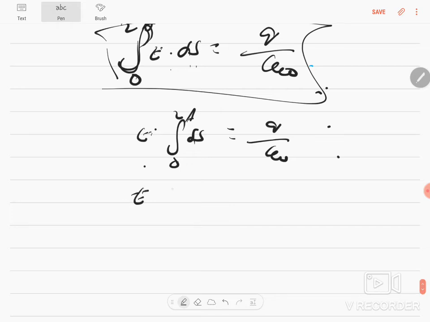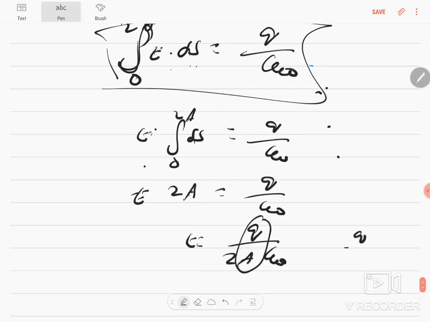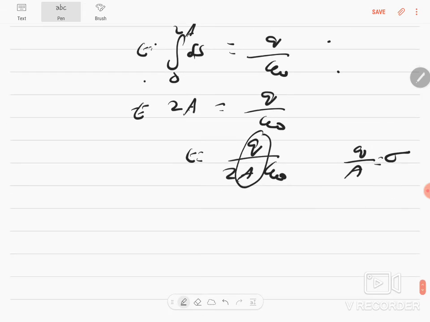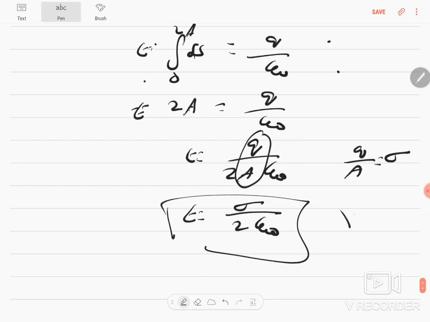The integral of ds is s, upper limit minus lower limit, 2A, equal to q by epsilon naught. So E therefore is q by 2A epsilon naught, and you know q by A is nothing but the surface charge density, sigma. So E is equal to sigma by 2 epsilon naught. Very, very important formula: the electric field due to an infinite plane sheet is sigma by 2 epsilon naught.